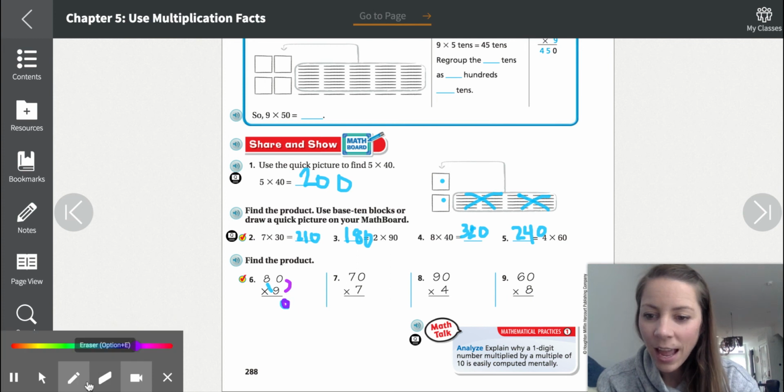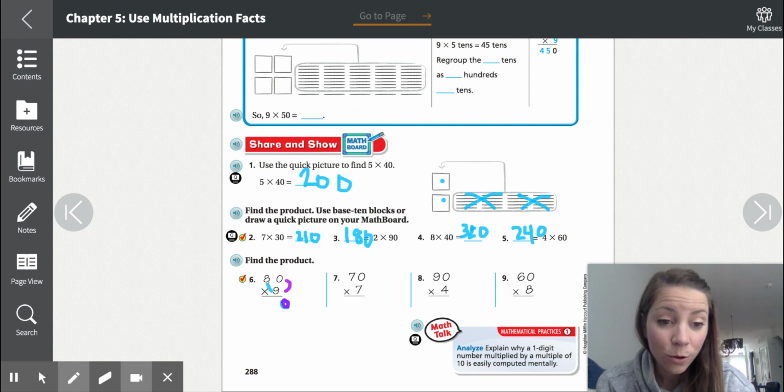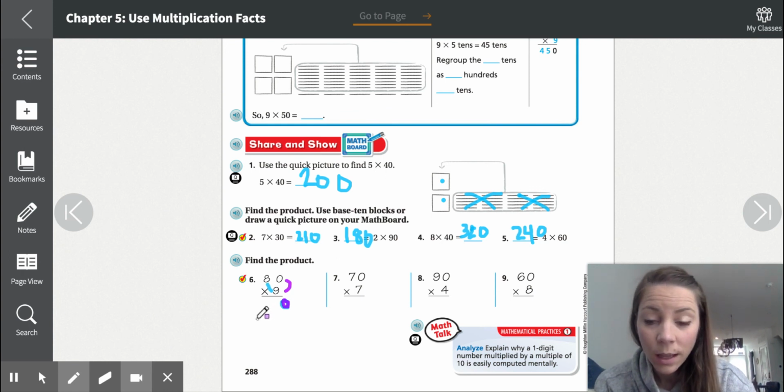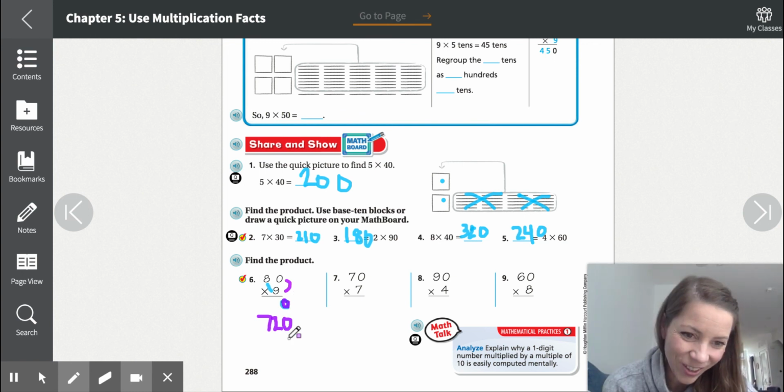Okay, and then I go to the 9 again because I still have 9 groups of 8 tens. 9 groups of 8 tens is 72 tens, but 72 tens is really 720. So then you have to add 0 plus 720, which is 720.